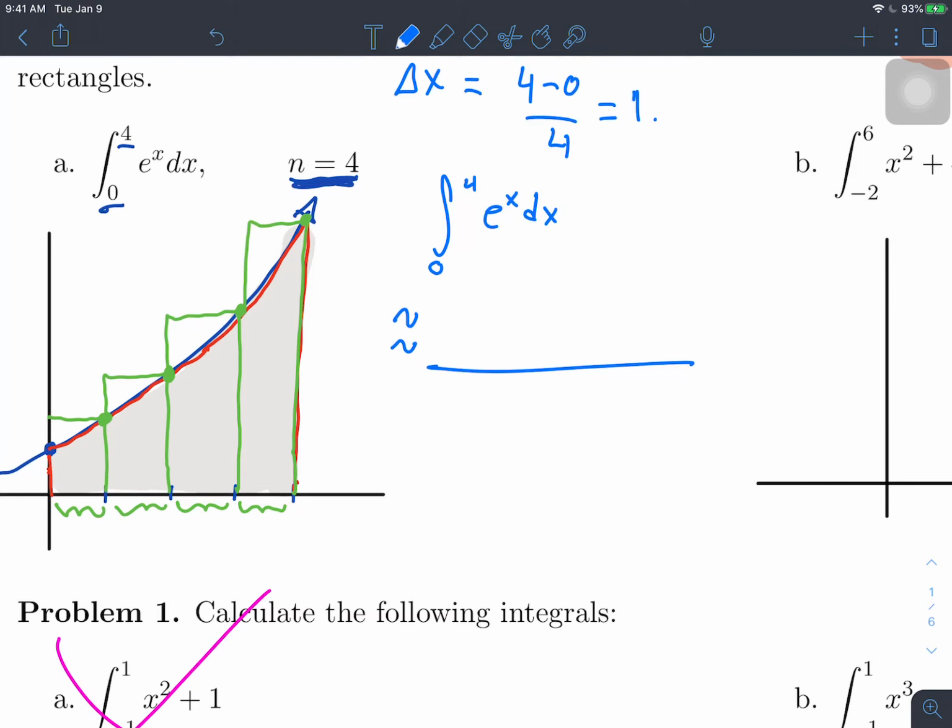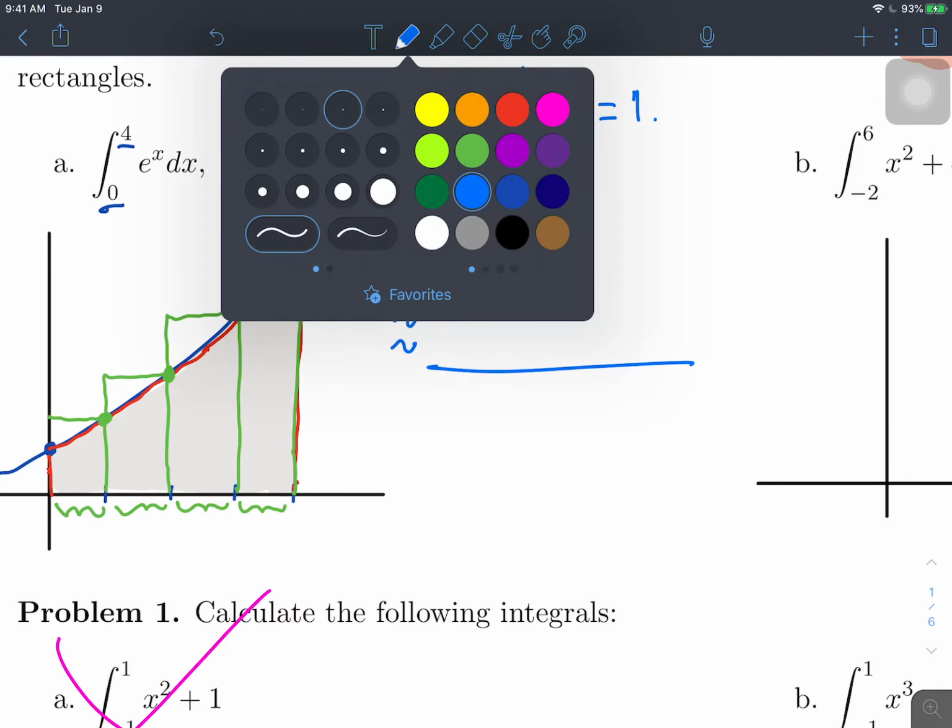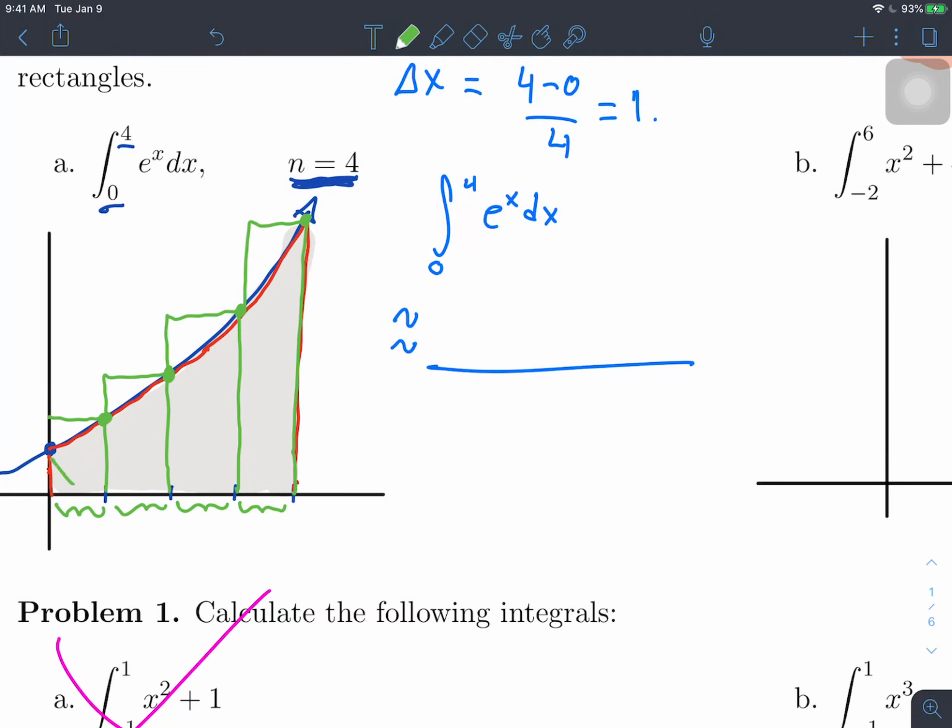Let's start with the first rectangle, shaded in green. How do I find its area? I find the area of a rectangle by doing base times height. What's the base?